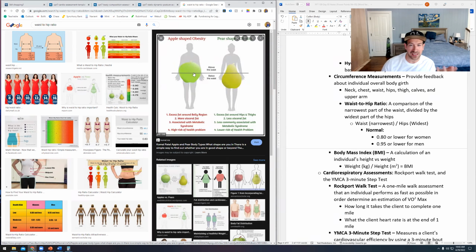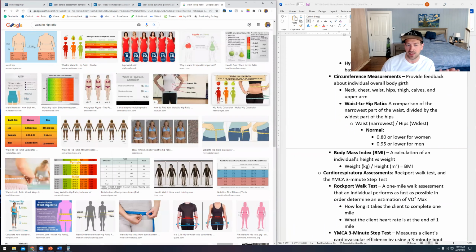Apple shaped obesity tends to be more dangerous. We think that it's because that's where all of our vital organs are. So we're pretty sure that's probably the cause, but we don't really 100% understand this. We just know that this is typically associated with those diseases that we're worried about: cardiorespiratory disease, metabolic syndrome, diabetes, things like that.